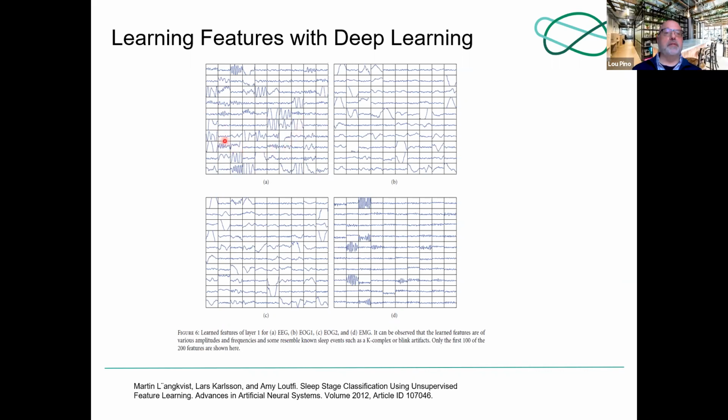In this method, deep learning has discovered what a sleep technician would find when visually inspecting biological signals of sleep. Here are features of EEG. And in addition to EEG, eye movement is captured. This is eye movement of the left eye, movement of the right eye, and here's muscle tension.